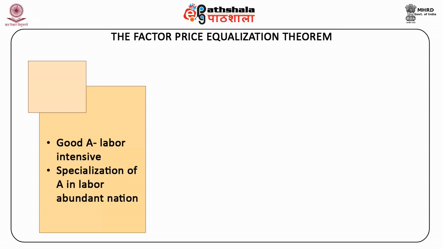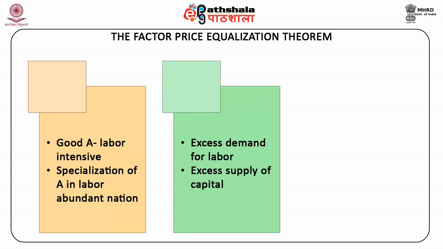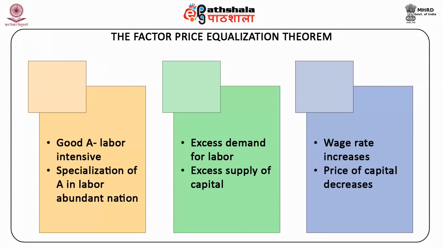The consequence is an excess demand for labor and an excess supply of capital. The excess demand for labor will cause the wage rate to increase, and the excess supply of capital will cause the price of capital to decrease.